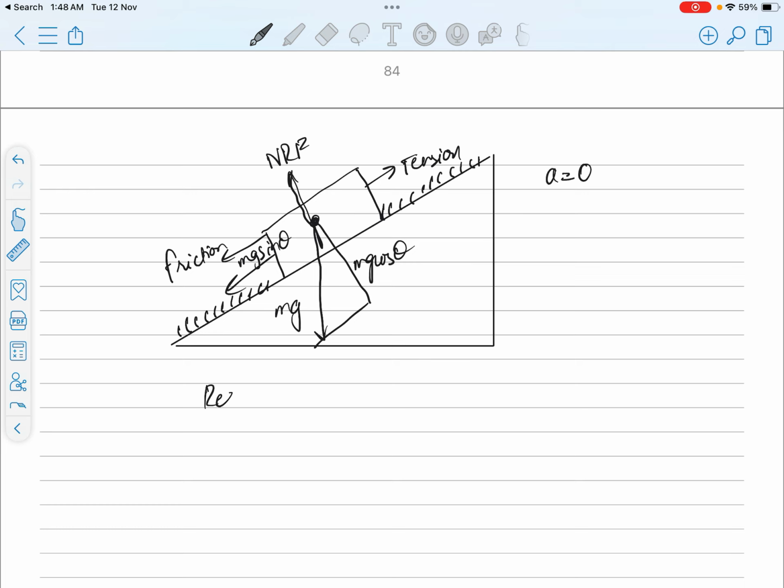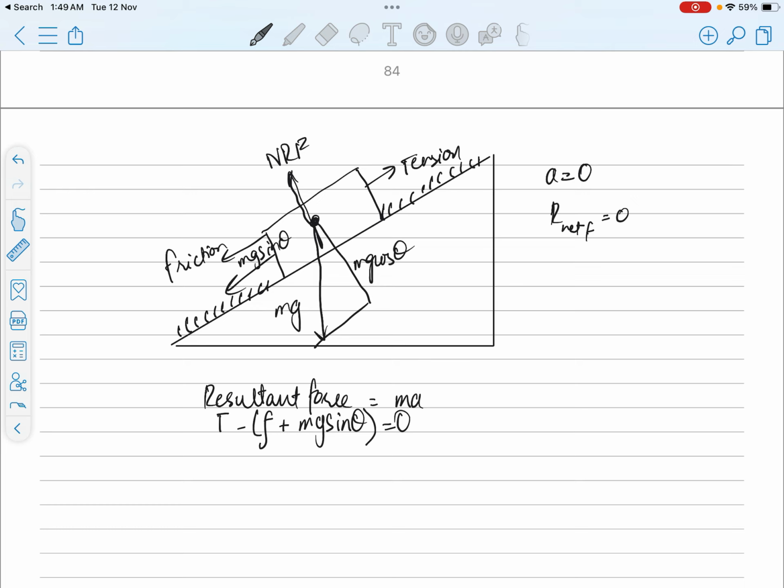So the resultant force is equal to ma. It's the forward force, which is tension, minus the backward force. In this case, acceleration is 0, so the resultant net force is also 0. Forward force tension T minus backward force F plus mg sine theta is equal to 0.